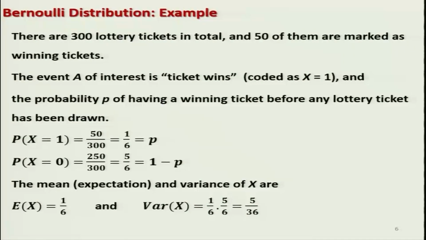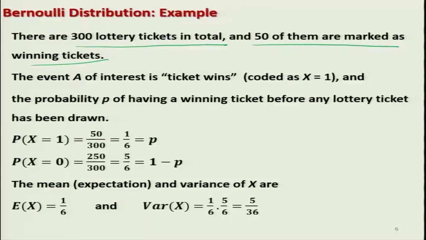Now, let me take a very simple example to give you some idea of under what type of condition these probabilities can be used. Suppose there are 300 lottery tickets and 50 of them are marked as winning tickets. That means, if anybody gets one ticket out of those 50 tickets, it will be a win.